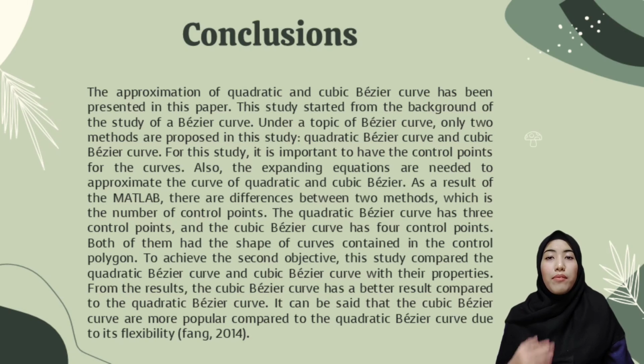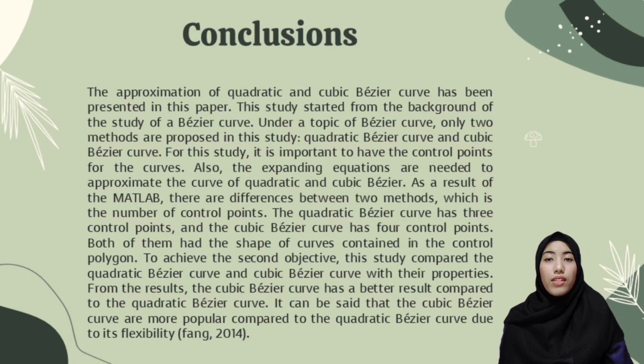Conclusion. The approximation of quadratic and cubic Bezier curves has been presented in this paper. This study started from the background of the Bezier curve. Under the topic of the Bezier curve, only two methods are proposed in this study, which are the quadratic Bezier curve and the cubic Bezier curve. For this study, it is important to have the control points for the curve.